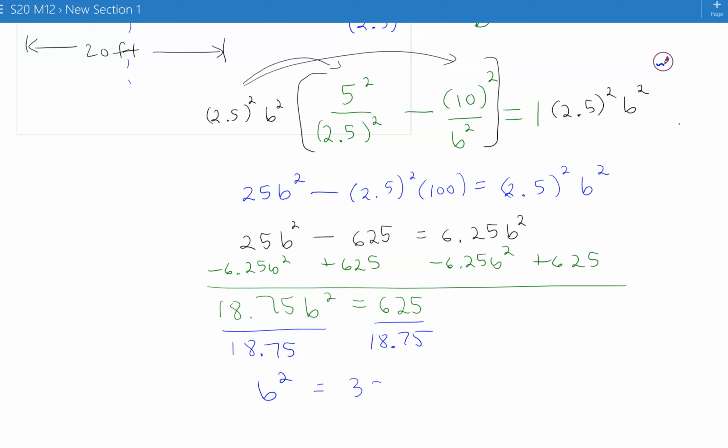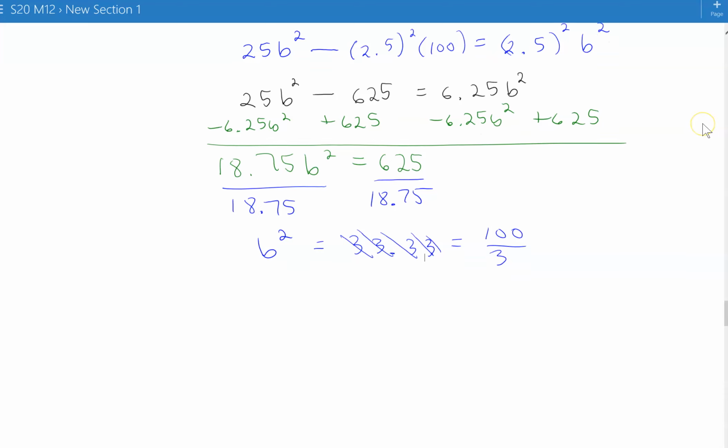And I'm getting about 33.33 repeating. So don't round that off yet. Let's call it 100/3 since it's 100/3 exactly. So let's use 100/3.